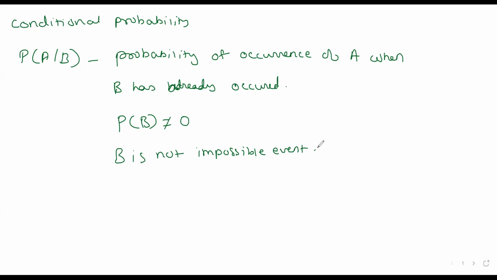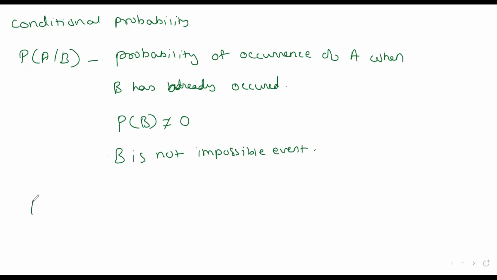That is, you have already passed the exam. Now you want to find out the probability that because you studied, you passed. That is how it is done. Okay. B झाल्यानंतर A व्हायची probability किती आहे? After B has occurred. That is called as conditional probability.